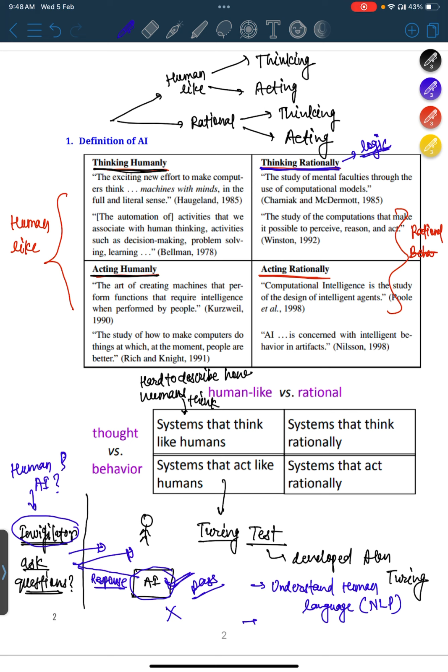So not all the decisions taken by us or a system can be defined by the rational or logical way. But these are good decisions and they should be taken. That's why we focus on the definition of acting rationally.